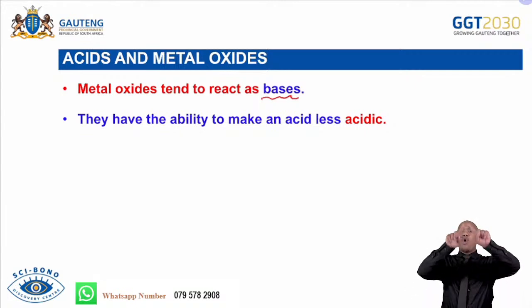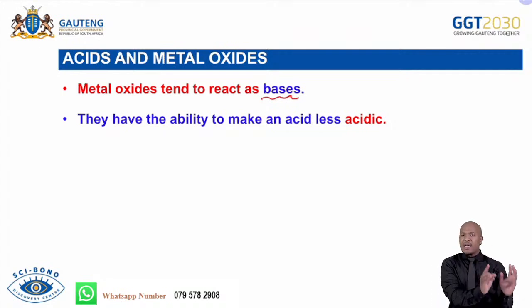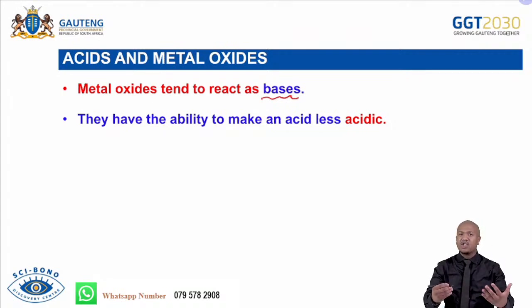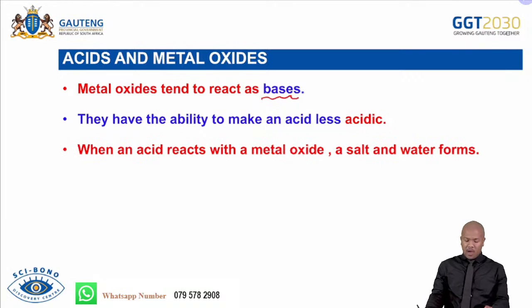So now, a whole product which was formed as a result of a reaction of a metal and oxygen is a base when it reacts with what? Acids. And it makes the acids to be less acidic. Let's keep that in mind. So now, also, when an acid reacts with a metal oxide, a salt and water forms.